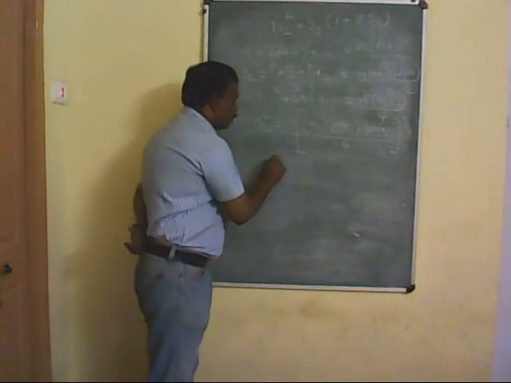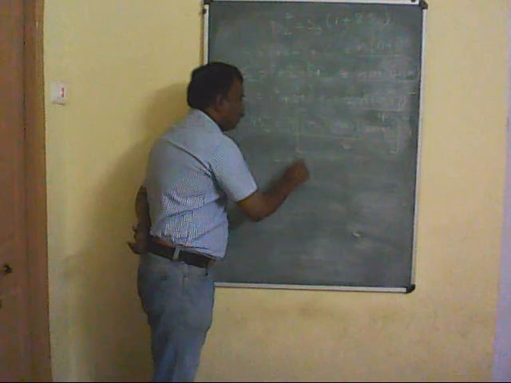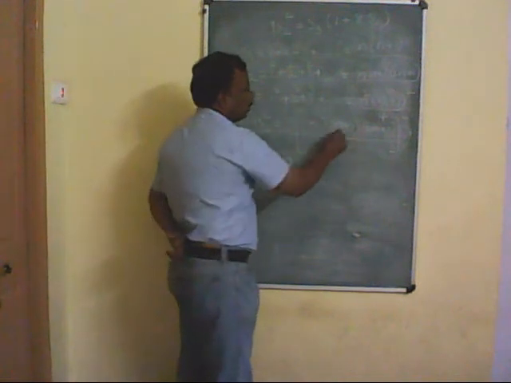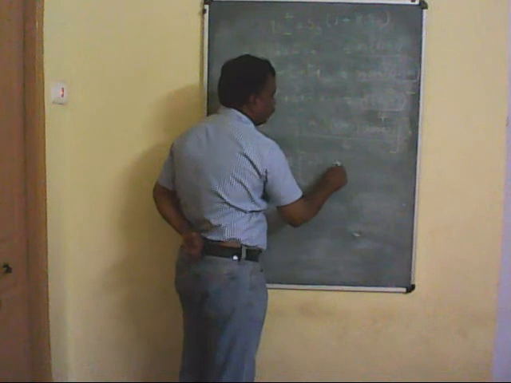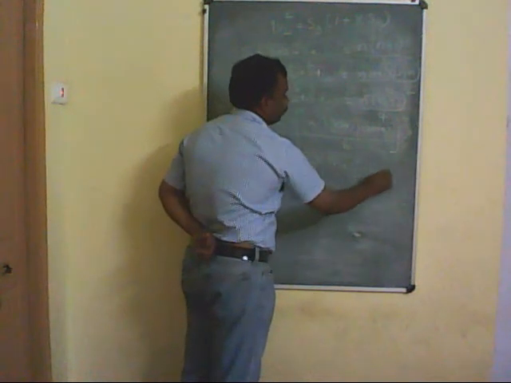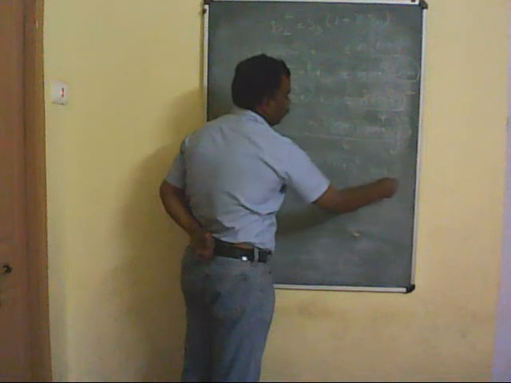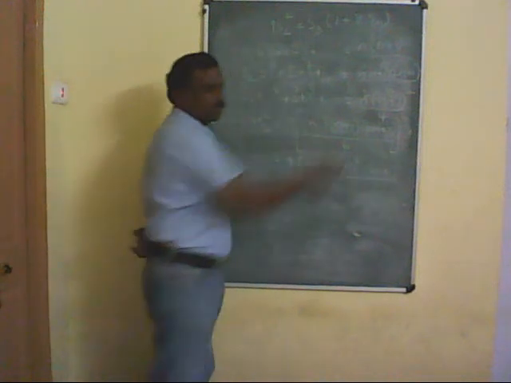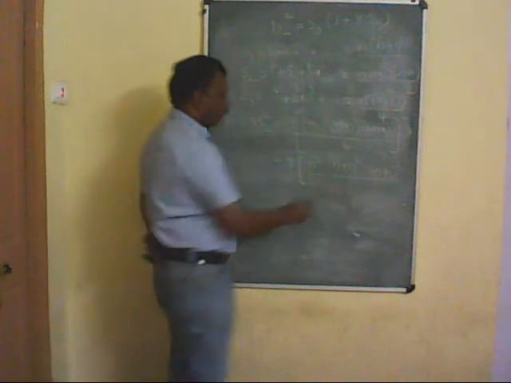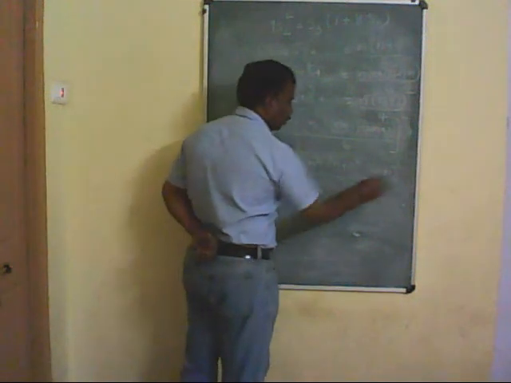And on simplification, we will get n square into n plus 1 whole square into 2n plus 1 whole square by 6 square. What is 6 square? 36. 6 square is 36, you know. Right. And 36.